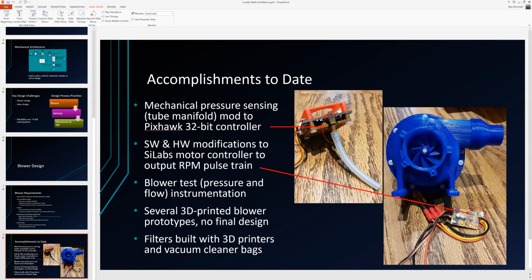And what you see here is a 3D printed manifold in the red circled area, 2 pieces glued over the top of the pressure sensor with a tube attachment. And I've done some tests with this and used it. I have some data of it sensing my tidal breathing through a mask.